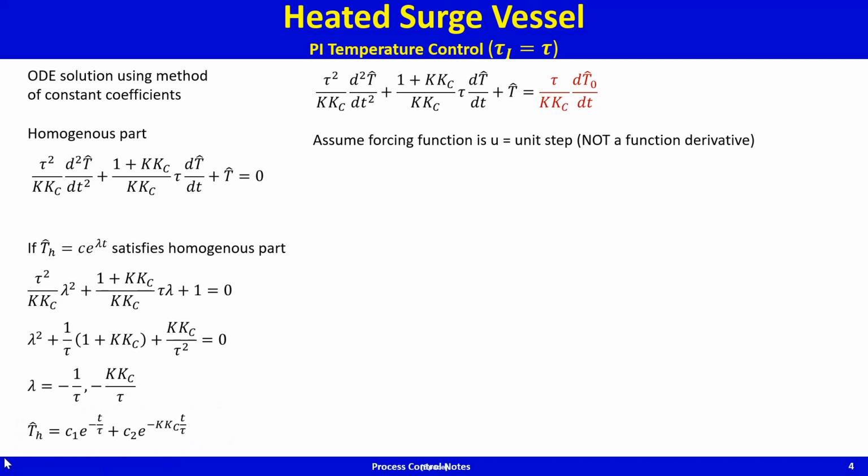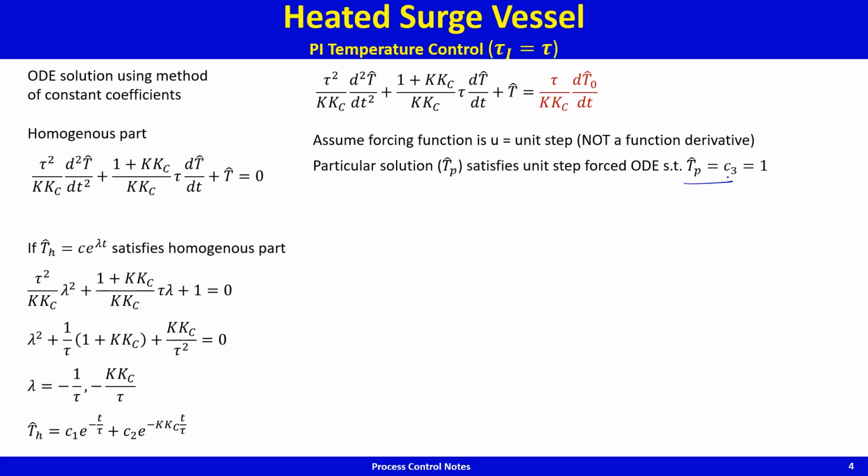We assume that the forcing function is a unit step and not the derivative of a unit step times tau by kkc. So for a unit step forcing function, the particular solution must satisfy the unit step forced ODE, and so the particular solution must be a constant because the forcing function is a constant.